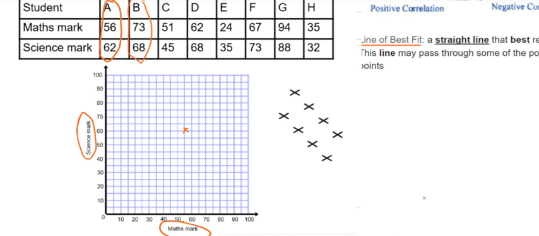The next one, 73 and 68, will be up here. 51 and 45. I'm being rough enough here now. Then 62 and 68. I go across to 62 up to 68.